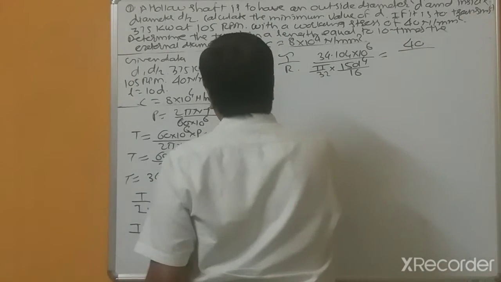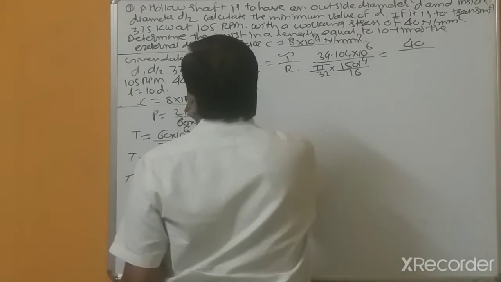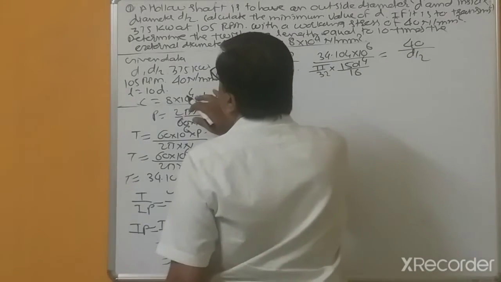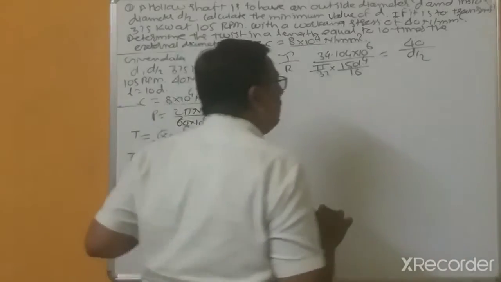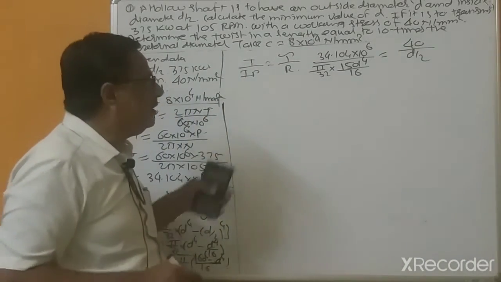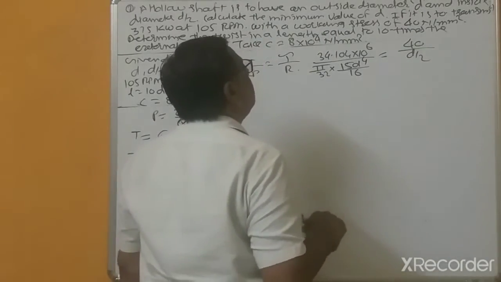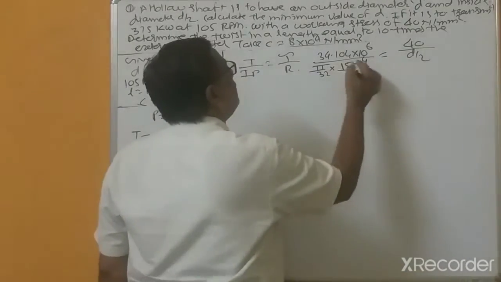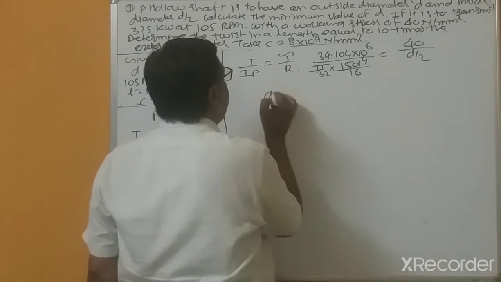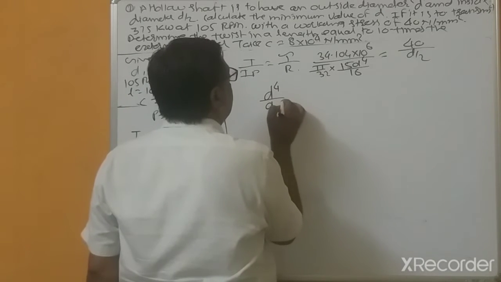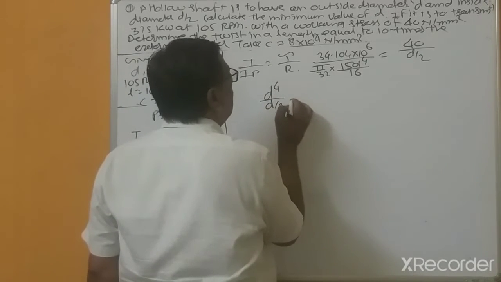and this d equal to D by 2, radius equal to outer diameter divided by 2. So that's why this d will go to that side, d raised to 4 divided by d by 2.